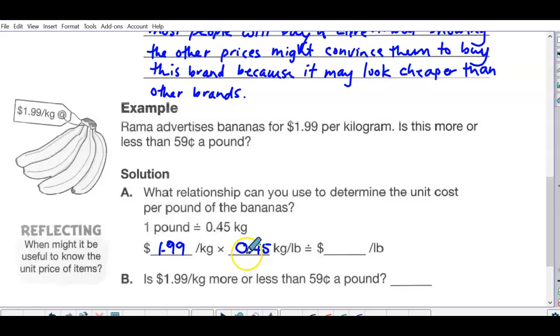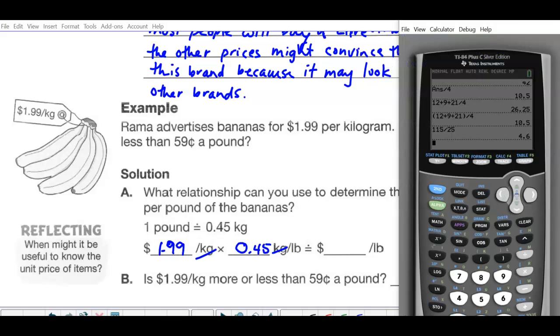So we're going to multiply, and that's going to be the price per pound. You can see that this is the price per kilogram. So if we were doing unit analysis, the kilograms would divide out and we're left with price per pound. That's another way to figure out what to multiply and divide.